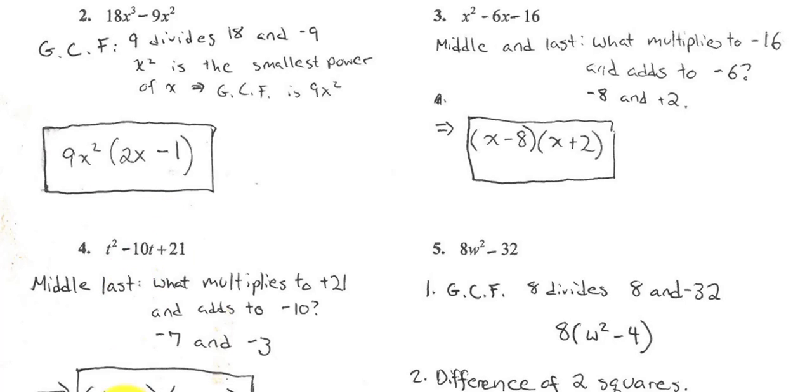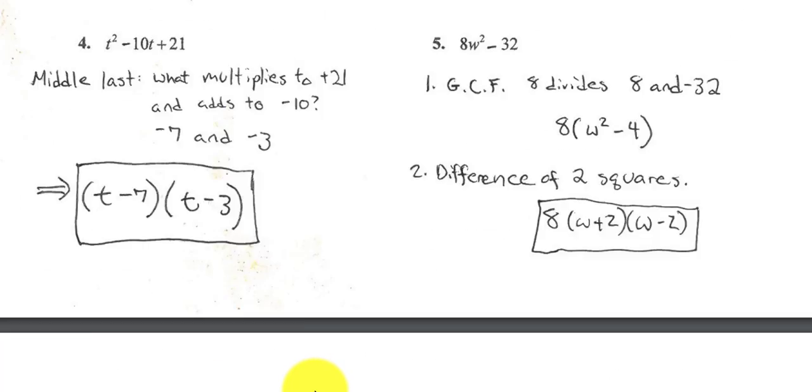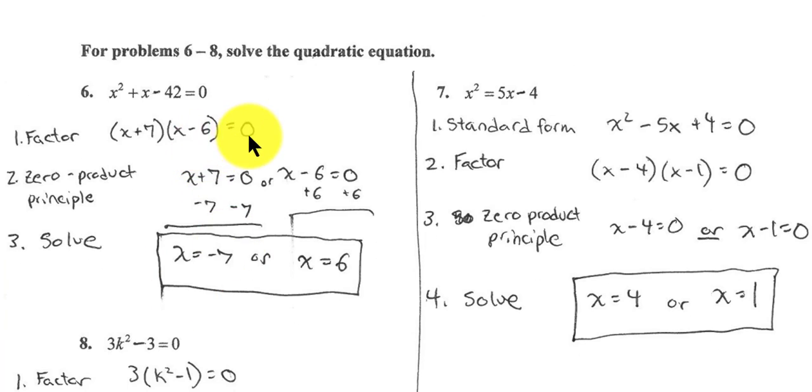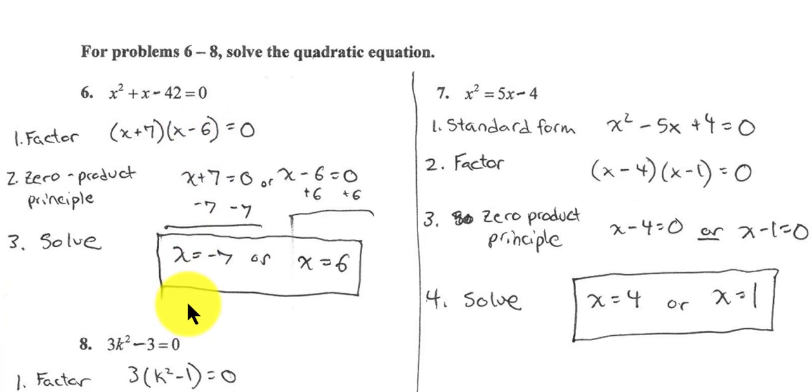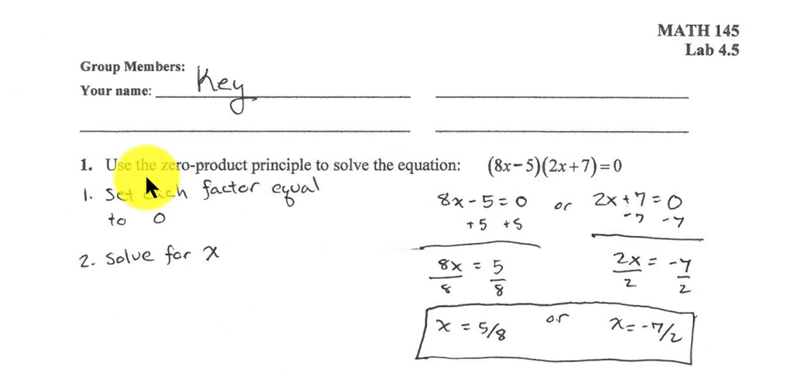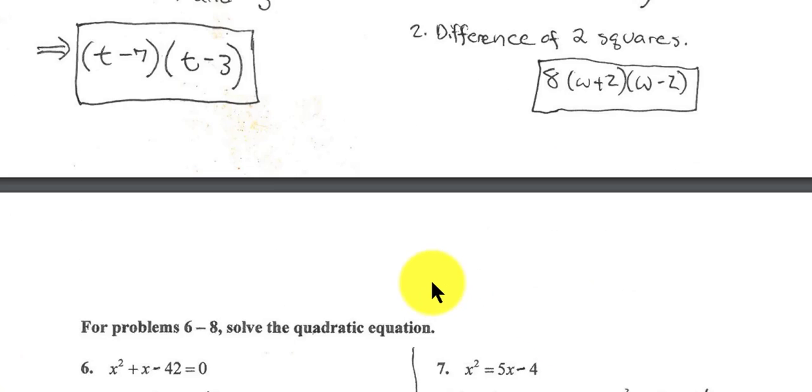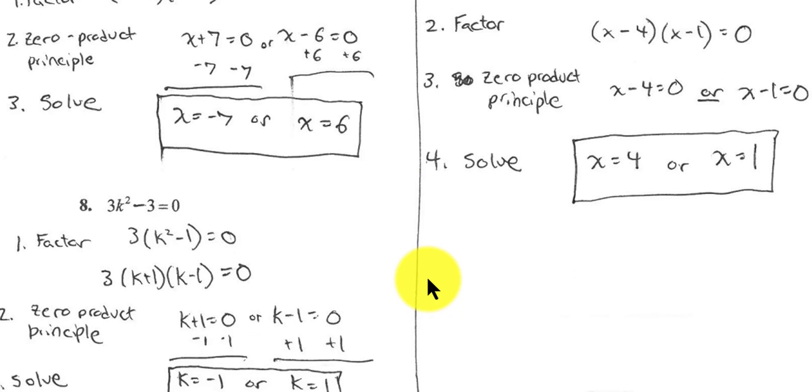With problem 4 or 3, we stop here because it's not equal to 0, but for problems 6, 7, 8, since it's equal to 0, we have to go a step further, similar to what we did with question 1. What value of x gives me 0? And that's what we did for 6, 7, and 8.